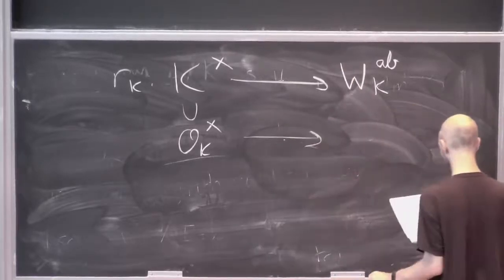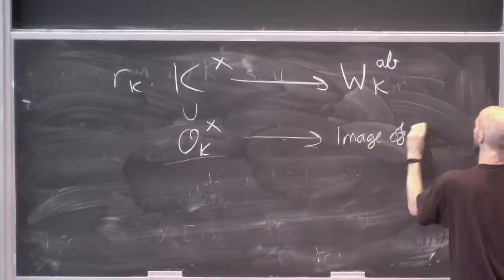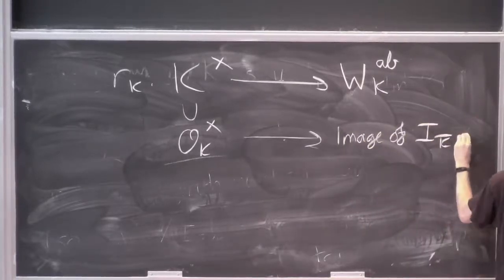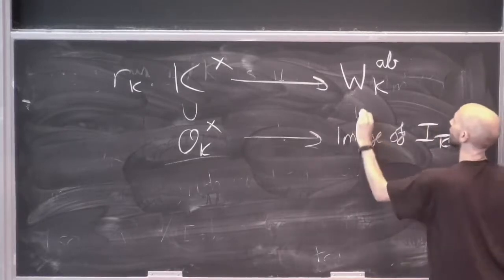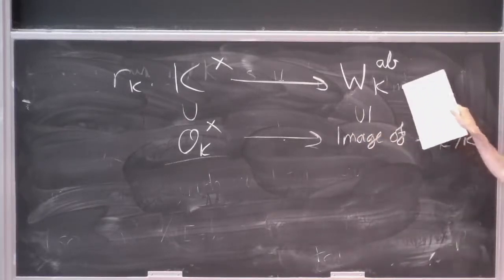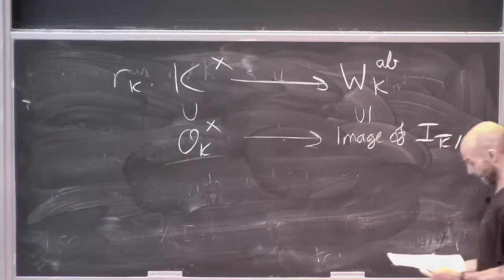This is going to go to the image of I_{K-bar/K}. Right, that's the inertia subgroup. Remember W_K, this is a quotient of W_K, right? So we can look at the image of I_{K-bar/K}.